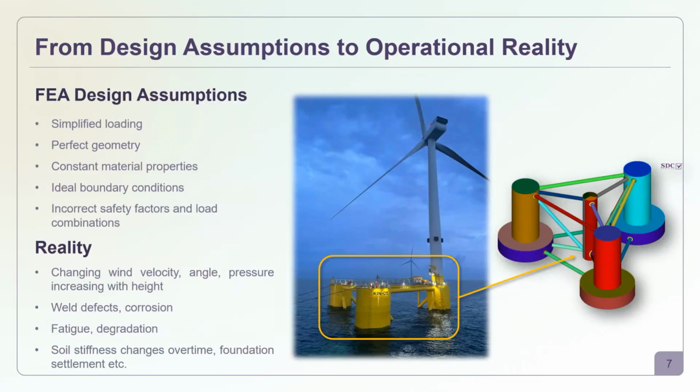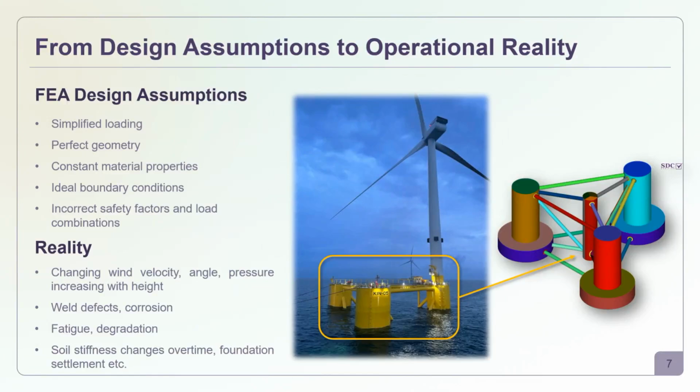So numerical models and FEA models are based on assumptions that help us make the problems computationally manageable. So we often assume simplified loading conditions, ideal geometry, constant material parameters, some simplified boundary conditions, and so on and so on. However, in reality, it might be different.